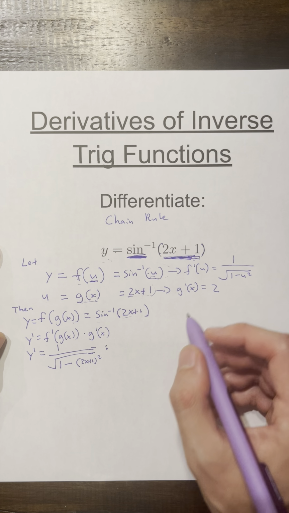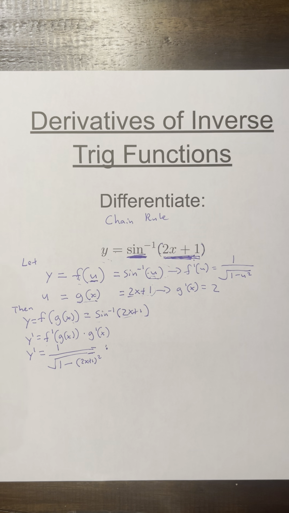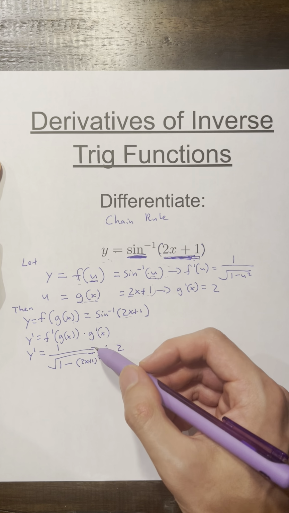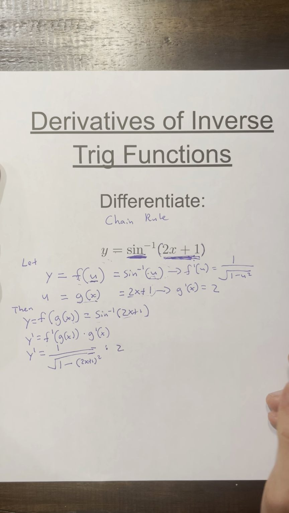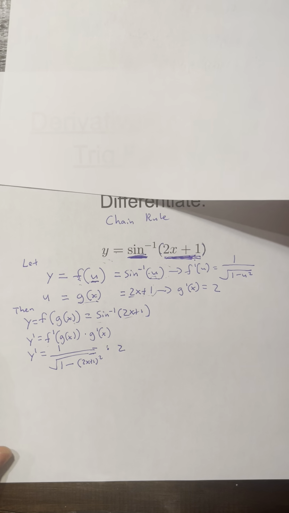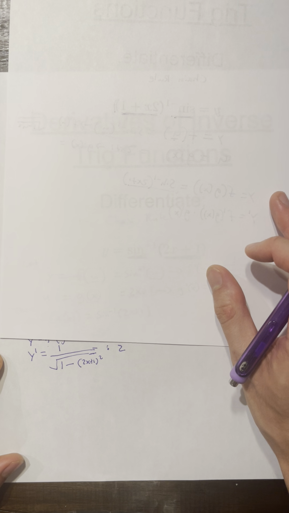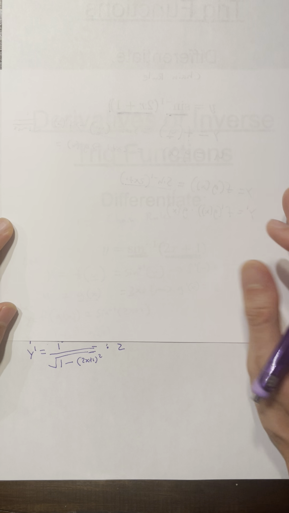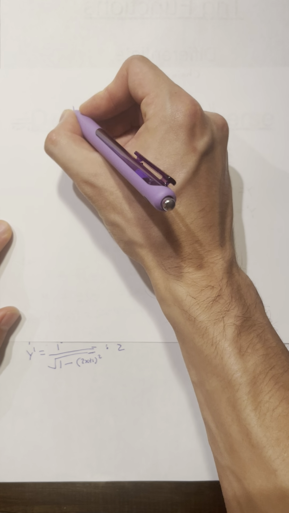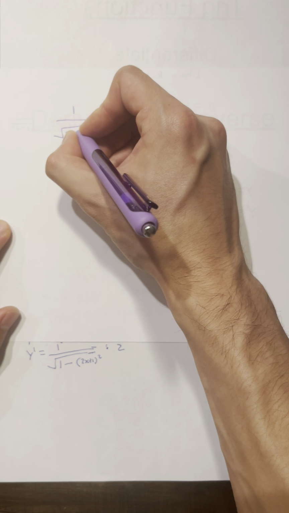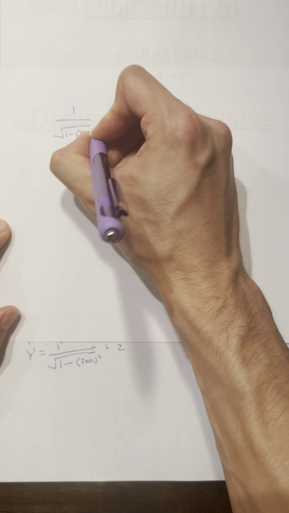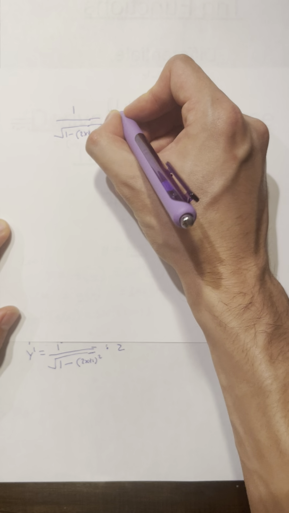So how much are we multiplying by? We need to multiply by 2. Okay. Now, how do we simplify this expression? So we've got 1 over square root of 1 minus 2x plus 1 squared times 2.